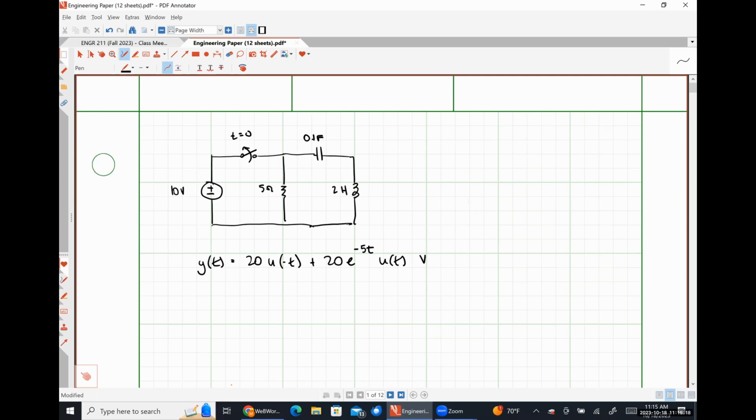So let's make y of t a voltage. Let's call this voltage Vs of t. And let's get rid of this switch and just have it connected. What quantity are we looking for here?